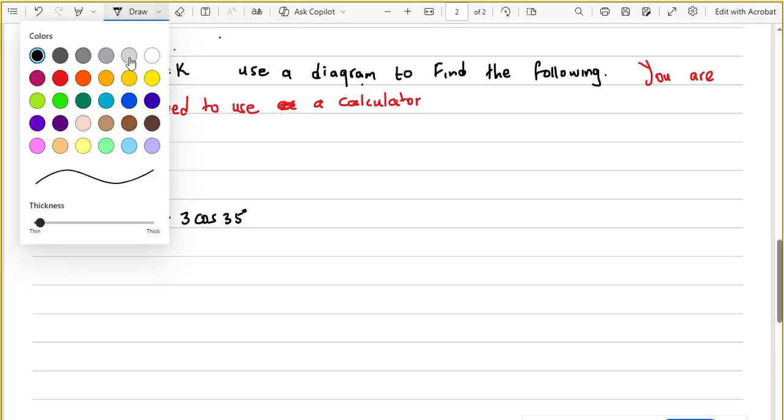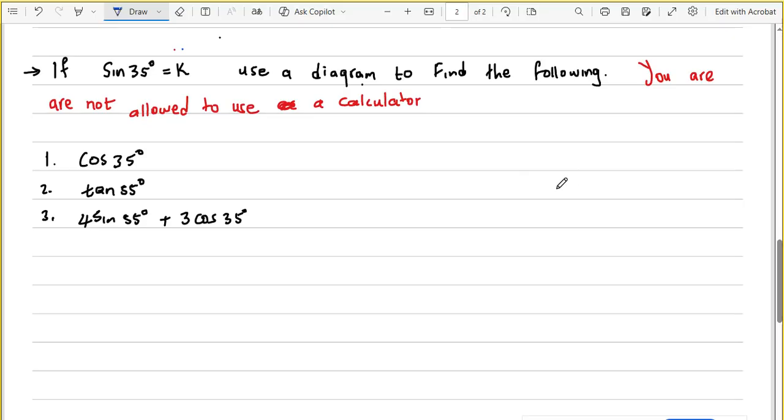So to answer this, the most important thing, you need to start with the diagram. There's nothing you can do without writing the diagram. They say, for example, sine 35, you're going to write that down and say sine 35 is equal to k. This k, I want you to write it as k over 1, okay? As a fraction, because any number divided by 1 is that number.